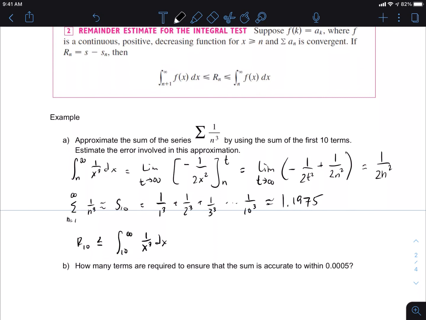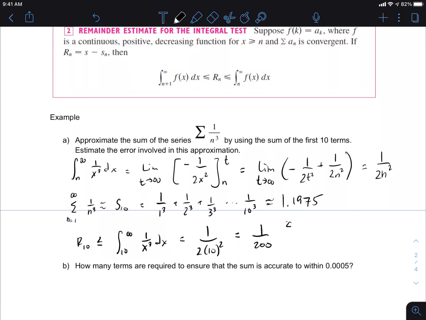That's where we start with our n. And we know that the integral was 1 over 2n squared, and then our n was now 10. And so we get 1 over 200 as our error size.